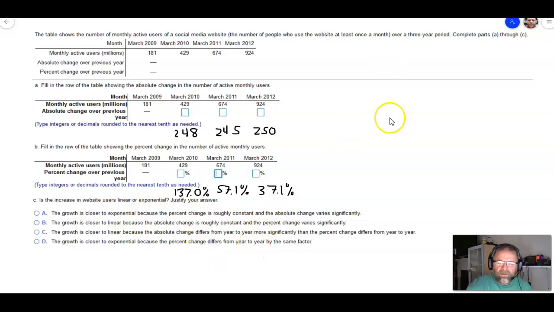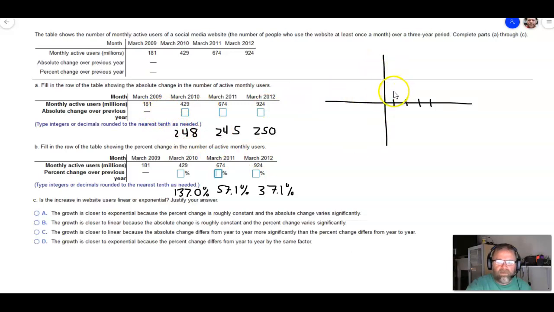Justify your answer. So I want you to think about it. If we had a graph here, and we were to plot these points, so let's say we put the years on the bottom, so this would be 2009, this would be March 2010, March 2011, March 2012, and then on the y-axis here, we were going to put the totals.